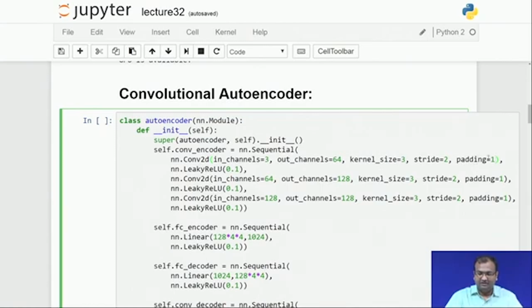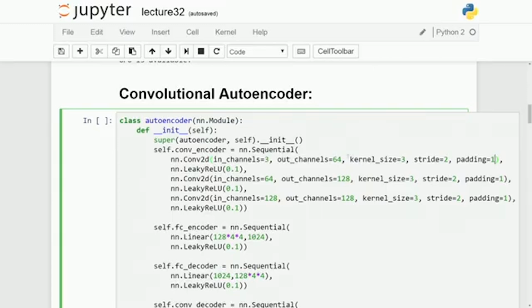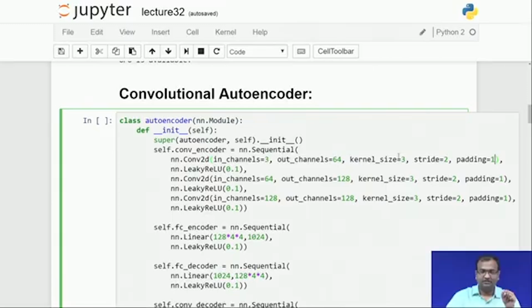Now, all of this is done from the perspective of your calculation, which says that your output width is equal to input width minus the size of the kernel plus twice the padding which you are giving, divided by the stride, plus 1. Okay. So, if your input over here is 32 cross 32, then it is 32 minus my kernel size, which is 3, plus twice my padding, which makes it 2.